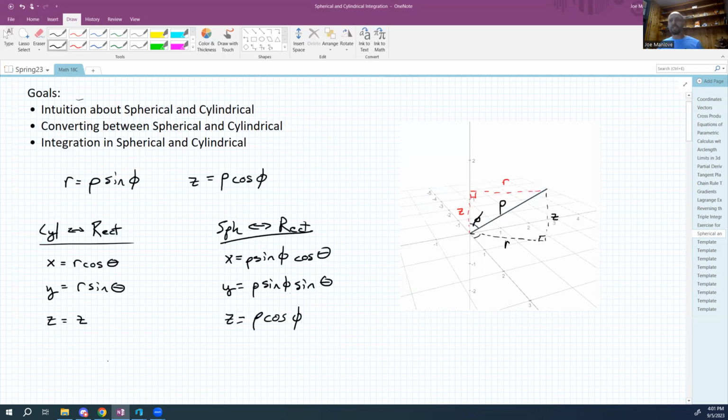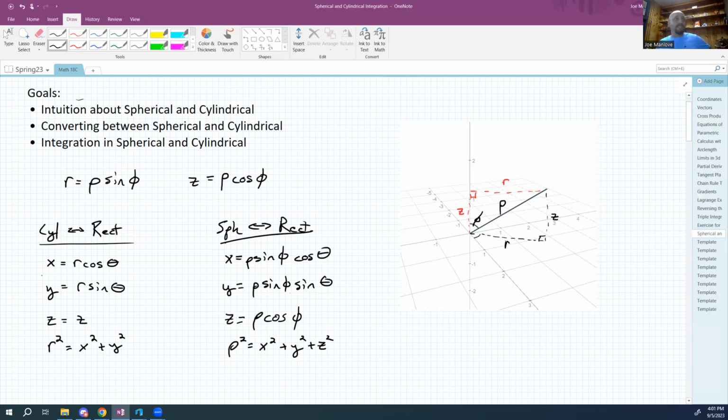The miscellaneous useful ones that I sort of like are that rho squared is x squared plus y squared plus z squared. There's another useful one over here, which is that r squared is x squared plus y squared. I find those to be pretty darn useful. You can square root both sides if that makes a more meaningful identity for you. Personally, I like them like this.